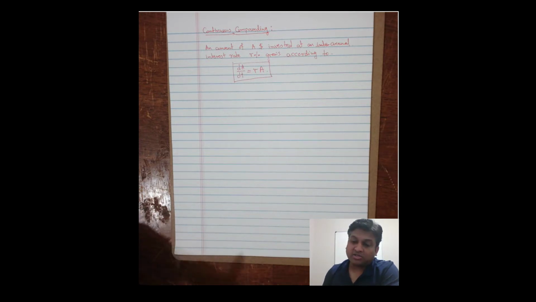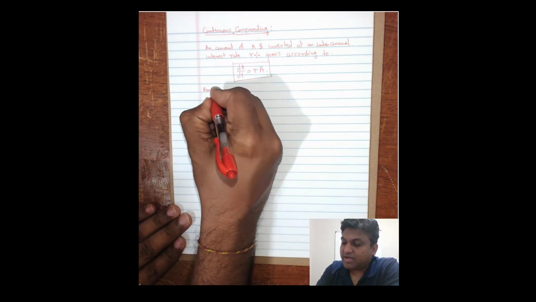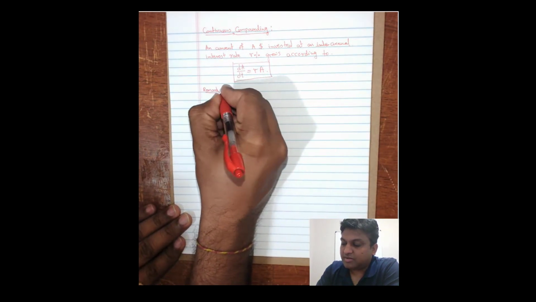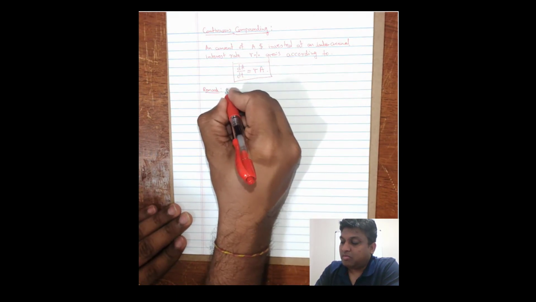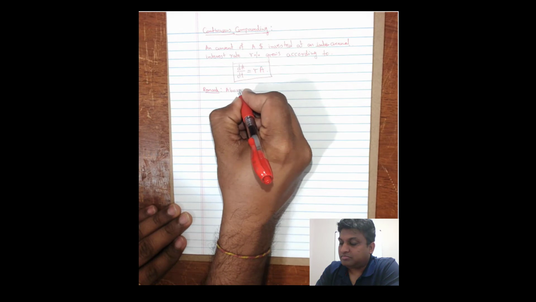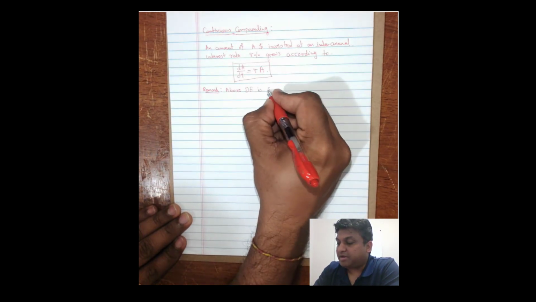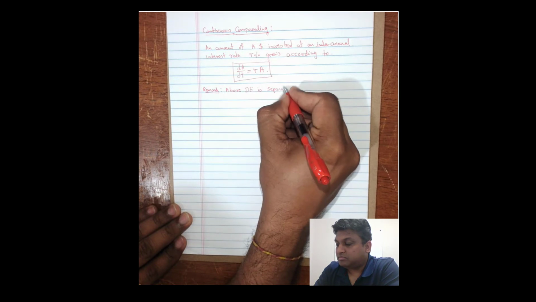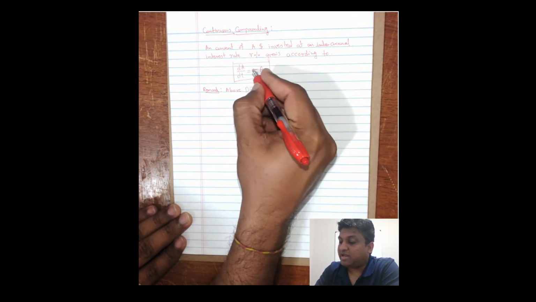I would like to mention one remark here. This is a very special type of differential equation. The above differential equation is separable. I can see variable A separate from variable t.